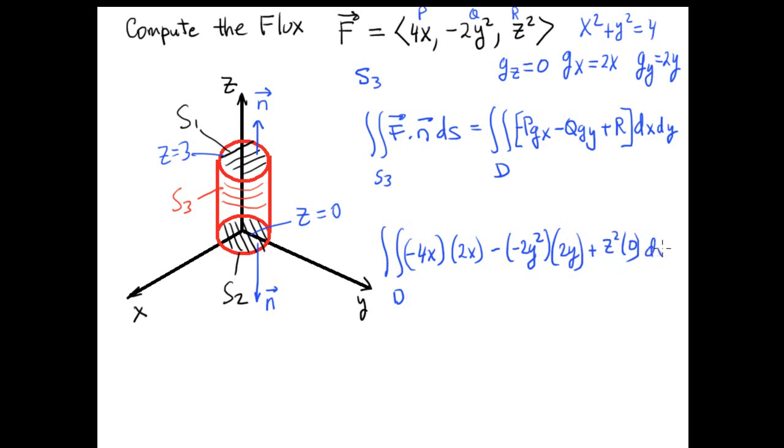So we have the double integral of minus x squared plus 4y cubed dx dy.